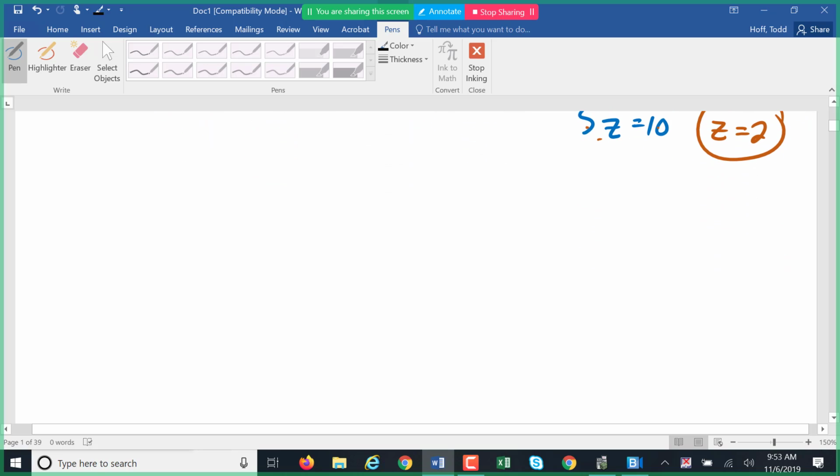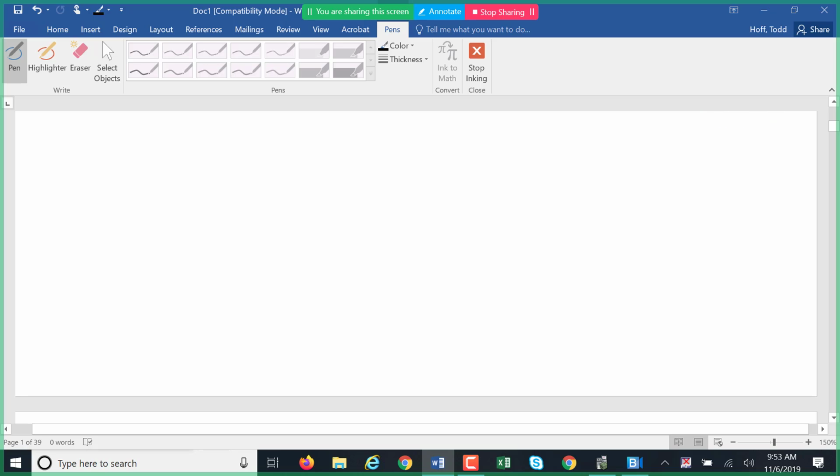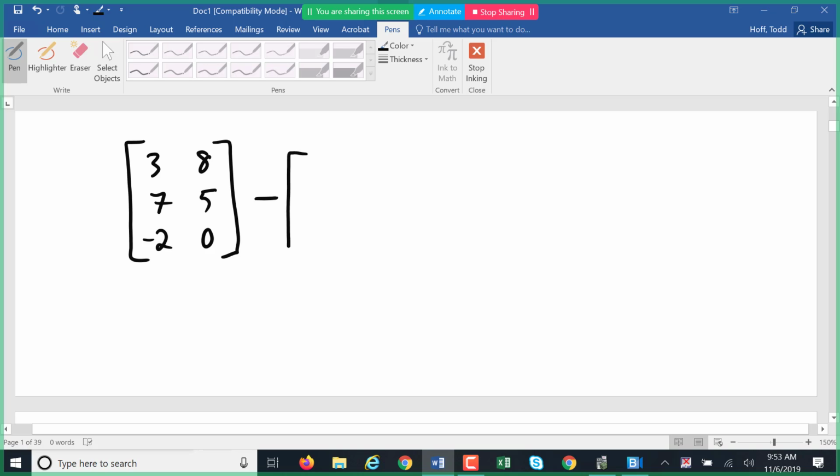So let's add or subtract our matrices here. Let's take this matrix minus this one. To subtract two matrices, these are both the same dimension.